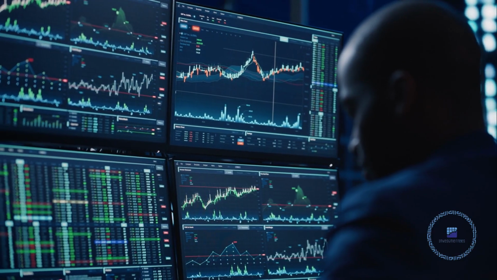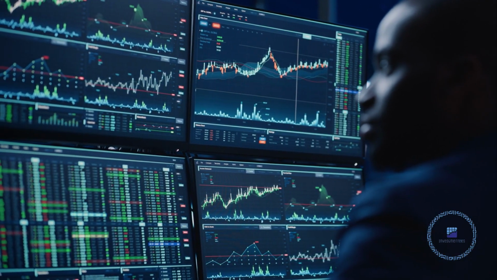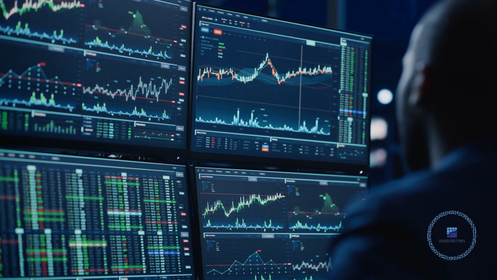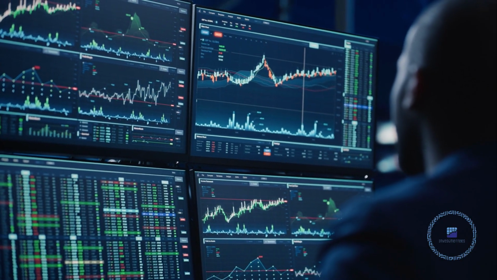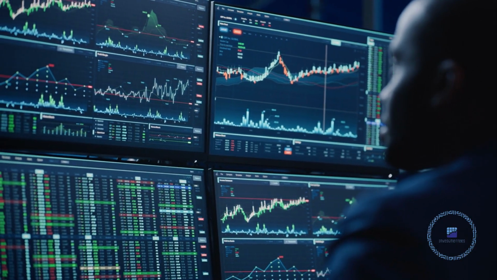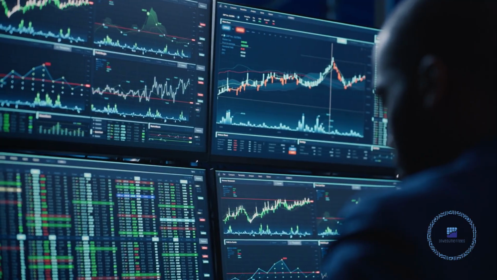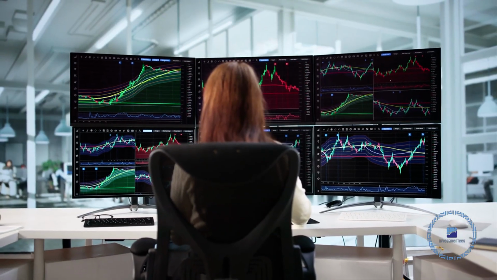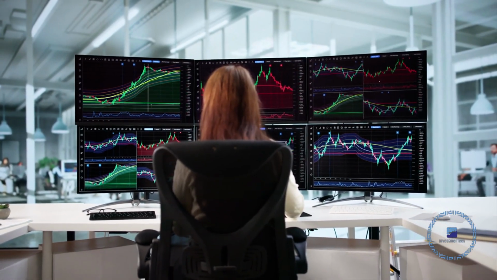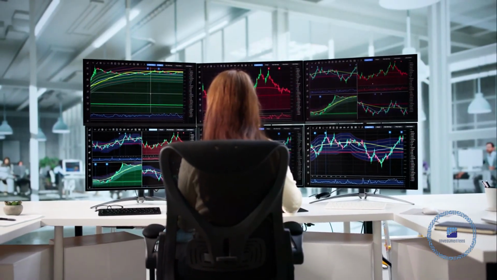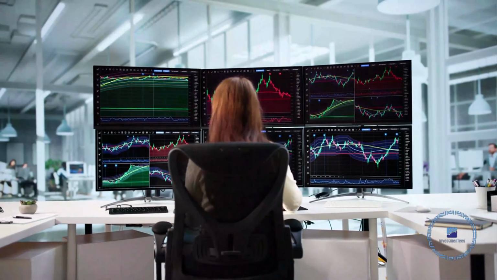Conclusion: the R3 trading strategy is not a shortcut or a guaranteed win, but it is a highly effective framework for identifying asymmetric trading opportunities around extreme price levels. By focusing on pivot-based structure, volume confirmation, and disciplined risk management, traders can position themselves where probability and psychology intersect.